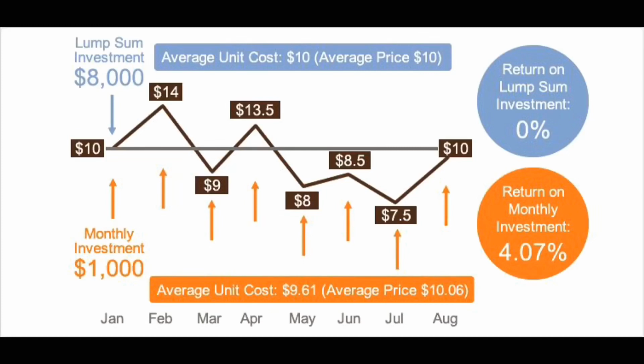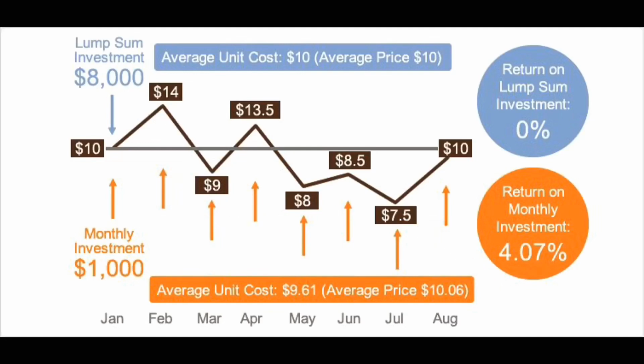Now over the course of the 8 months, the lump sum investor would have made a 0% return on their investment because the share price is back to $10 after being volatile throughout the 8 months. So they've made 0%. Whereas because the cost average investor has been buying at various prices, getting some low prices of 7.5, some higher ones, they've got the average price.